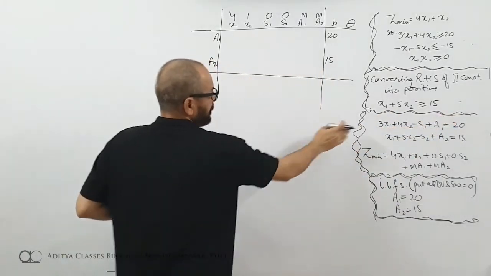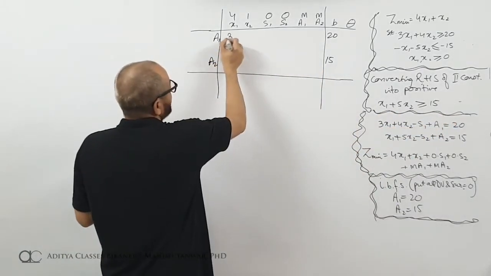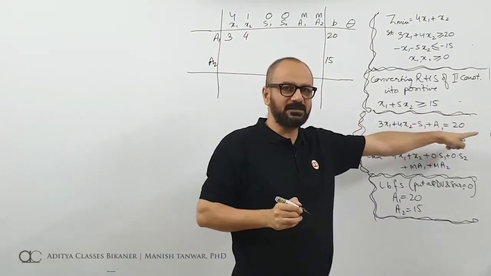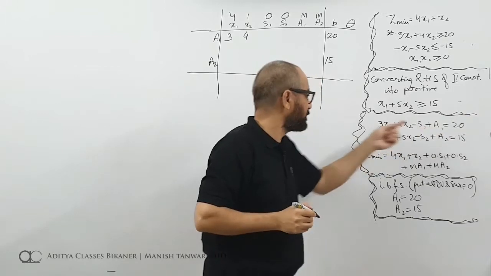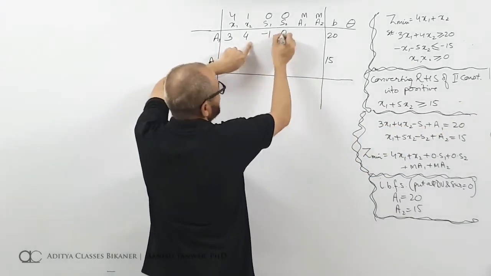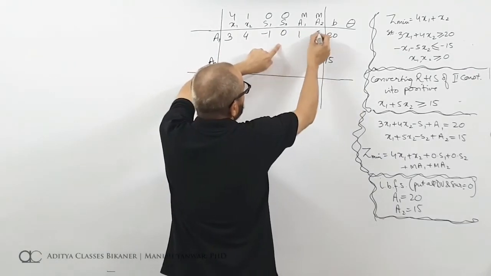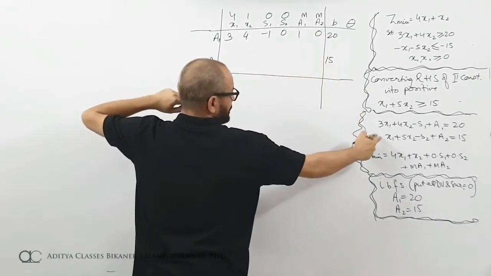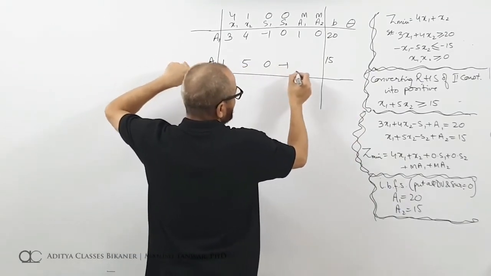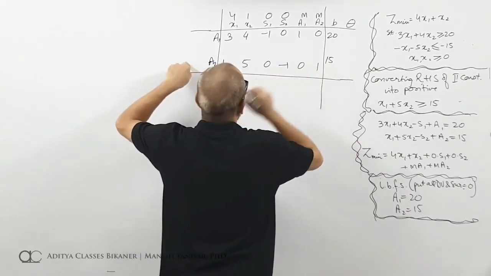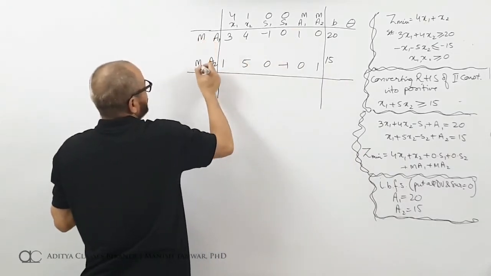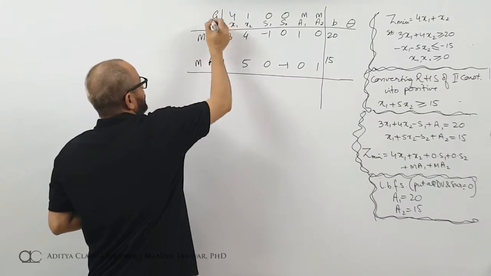A1 is equal to 20 is coming from the first constraint. So we have the first constraint over here: 3, 4, minus 1, there is no S2, 1 and 0. From the second constraint we get 1, 5, 0, minus 1, 0 and 1. What are the contributions of A1 and A2? M, M.